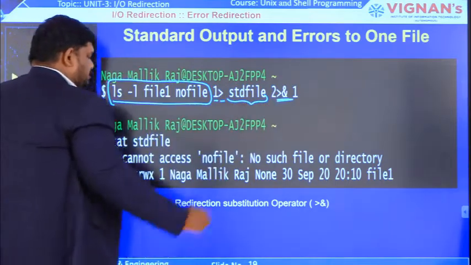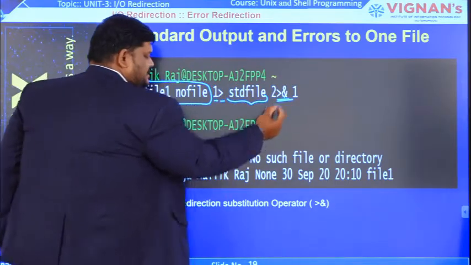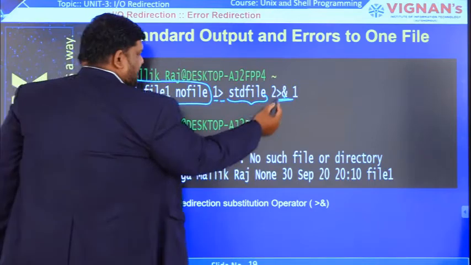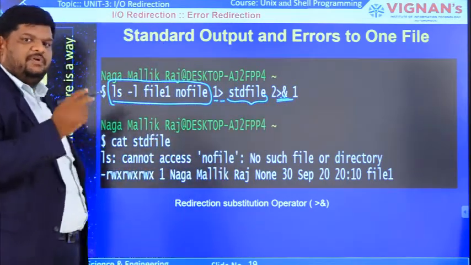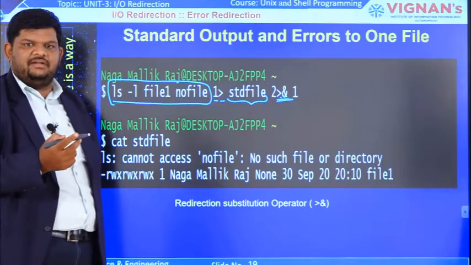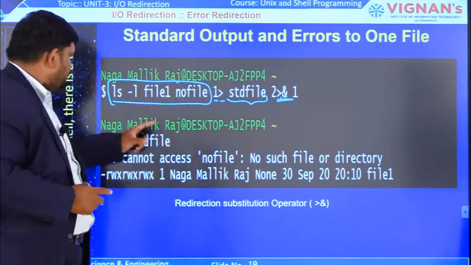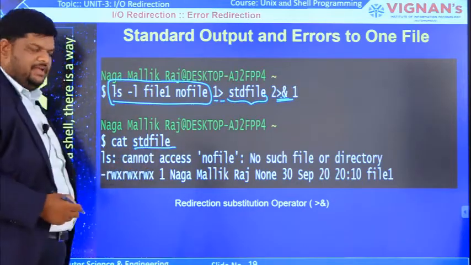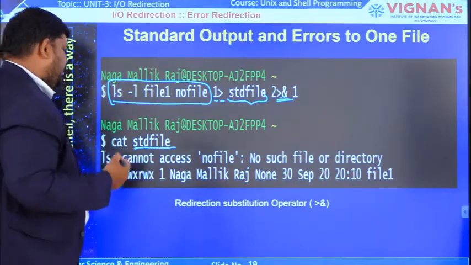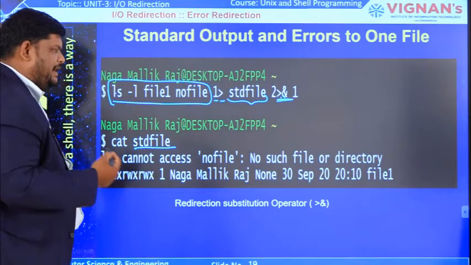This is the meaning of the redirection substitution operator. With the help of this redirection substitution operator, we can redirect both standard output and standard error to the same file. After execution of this, if you see the content present in the standard file, both standard output and standard error are present.